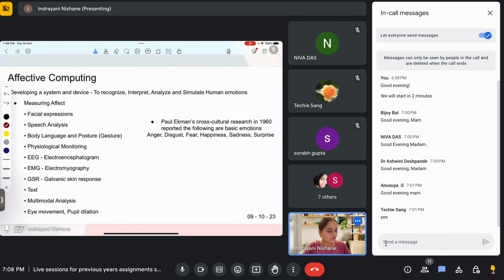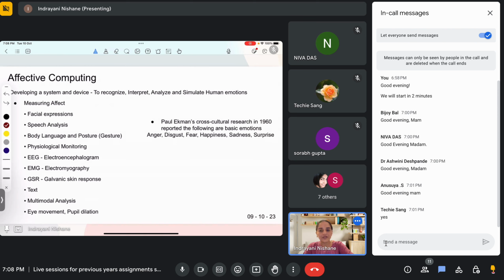So we briefly discussed affective computing. Mainly, affective computing is detecting human emotions, and it doesn't stop only at the detection. After detecting certain features, we need to interpret what kind of emotion is emoted by the learner or our subject, and then we need to analyze why this has happened, and what the implications of that will be.